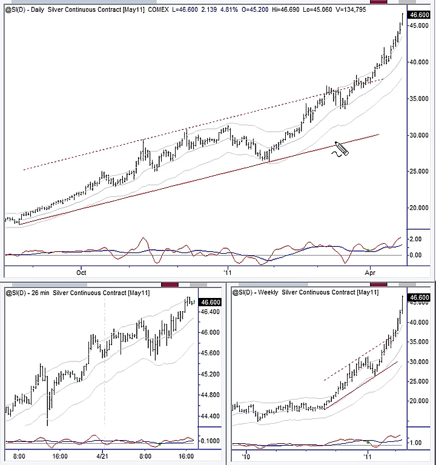So, in my opinion, and I know a lot of people are on the other side of this trade, I think it's kind of silly to be fading silver here. There is no justifiable reason. If you look at the bands here in the channels, it's a little bit hard to see, but down here on the weekly and on the daily, yes, we're overextended.